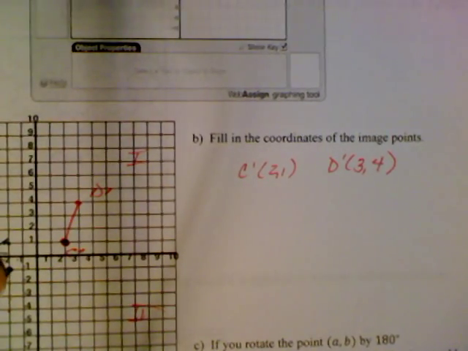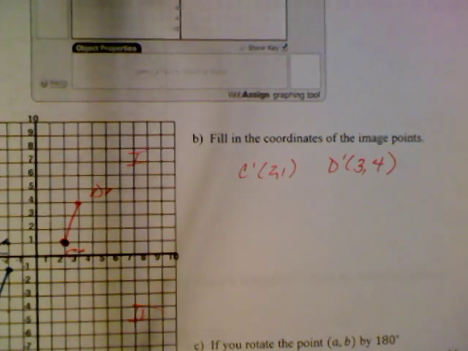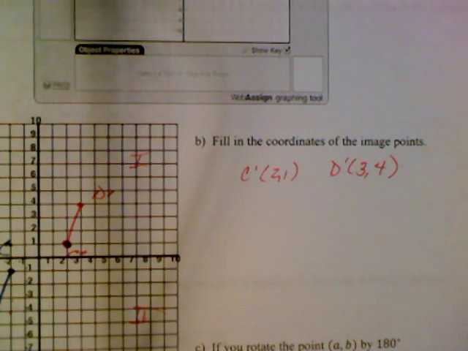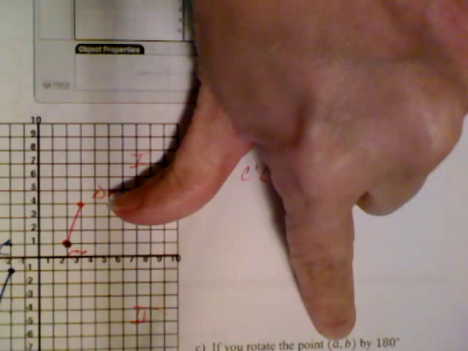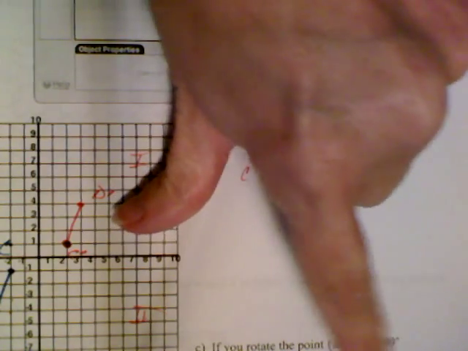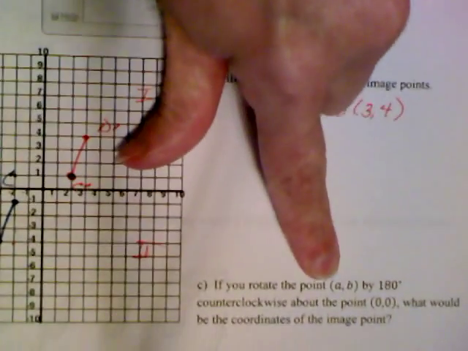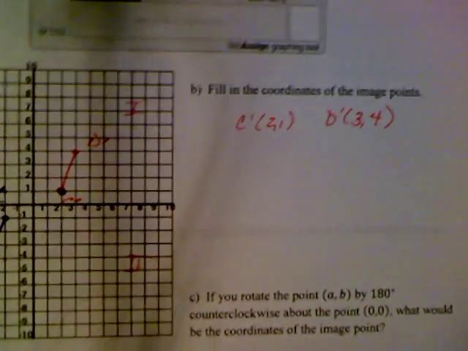Okay, so if I rotate it 90 degrees clockwise, I get in the fourth. Counterclockwise, I get in the second. The image will be negative A, negative B. If I rotate the point AB 180 degrees, it will be negative A, negative B.